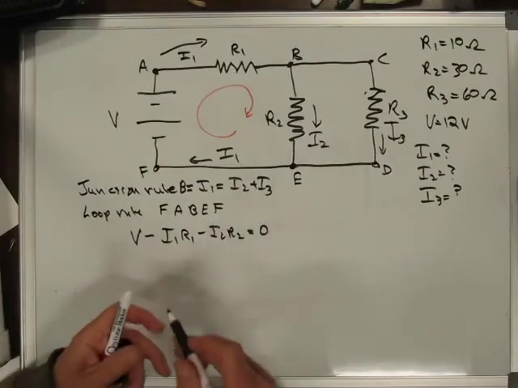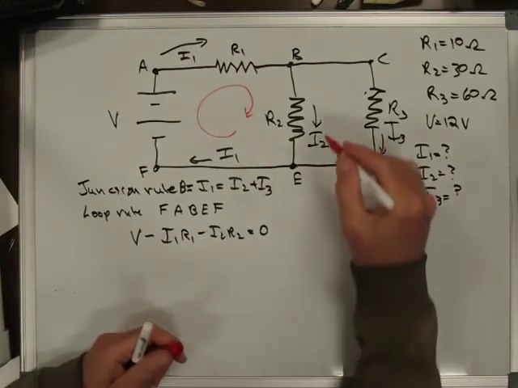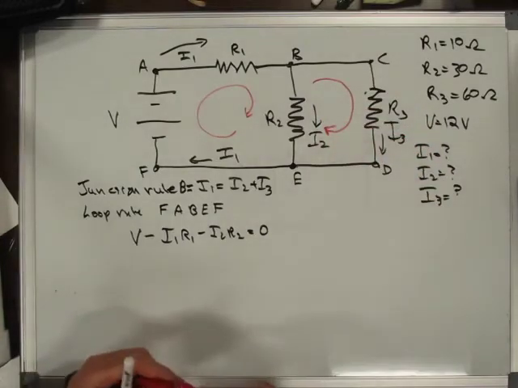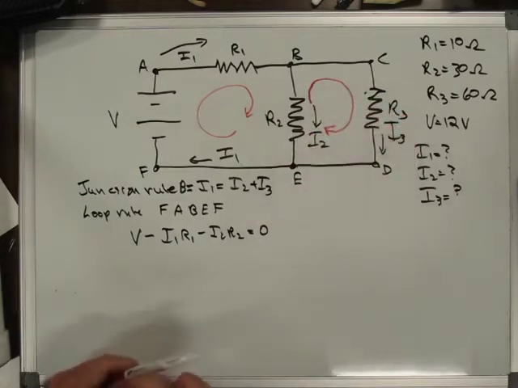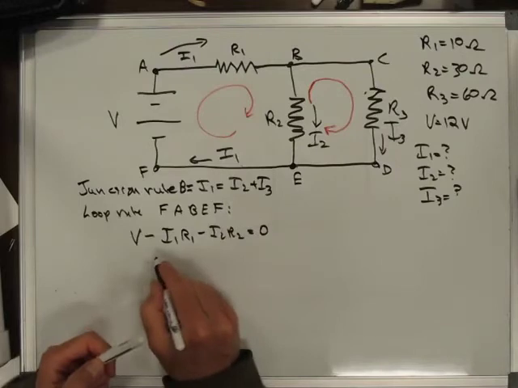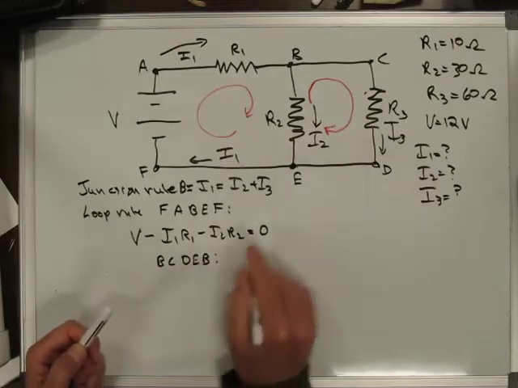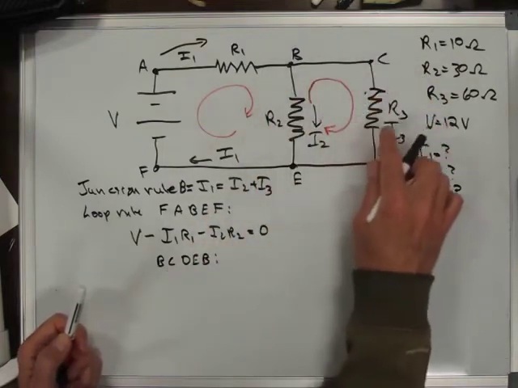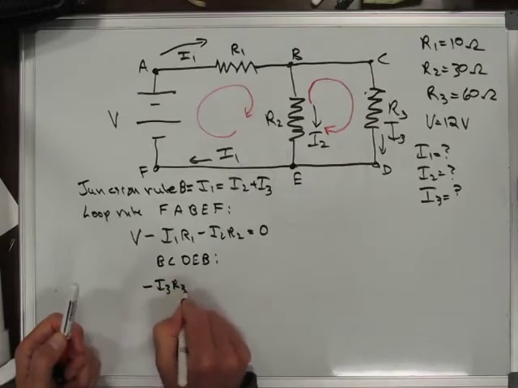I can do another loop. I can do this loop around here. Let's say I do B, C, D, E, B. So here, here, here, here, here. And so B to C, nothing happens. C to D is minus I3R3.